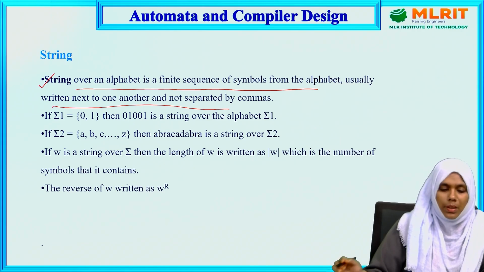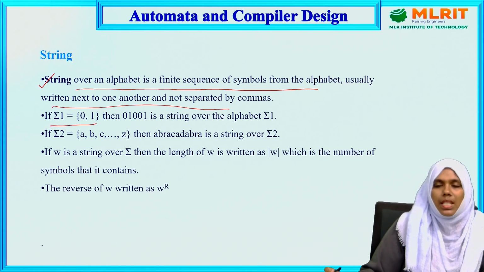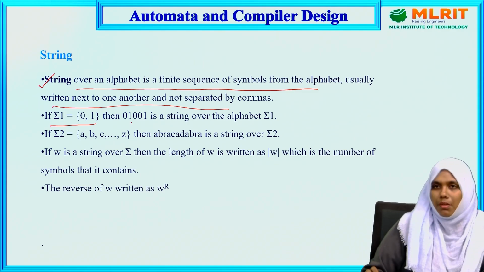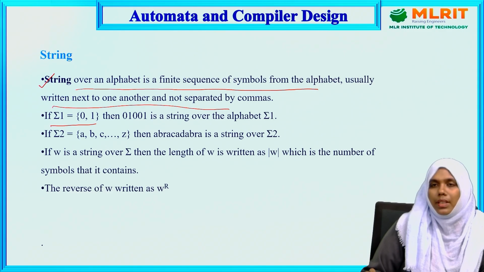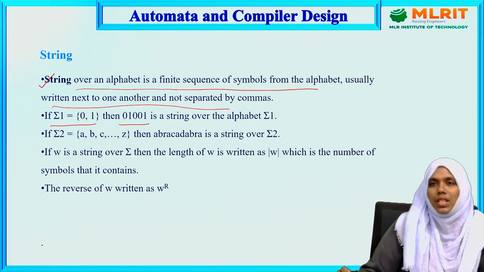So we'll see here with an example. For example, Σ1 is given as the alphabet 0, 1. And here we have to write in terms of a string. So how are we going to write the string? Whatever string we write should contain 0 and 1. It should not contain 2, it should not contain 3.